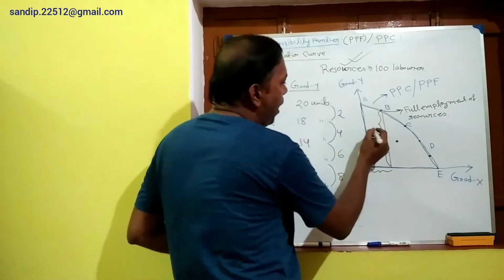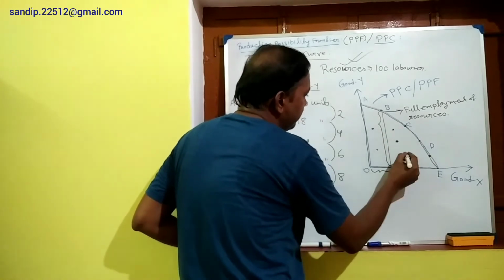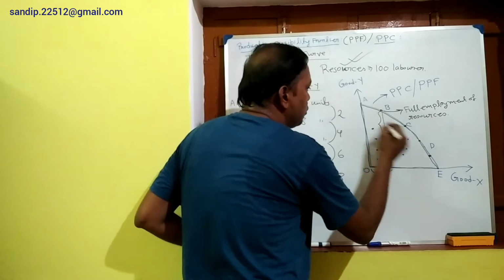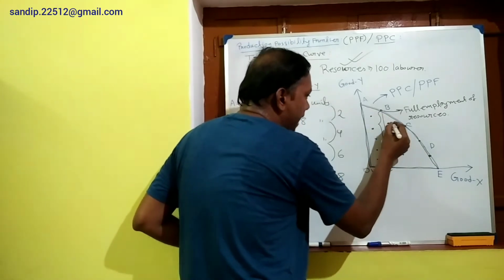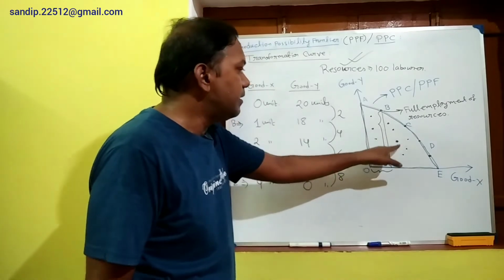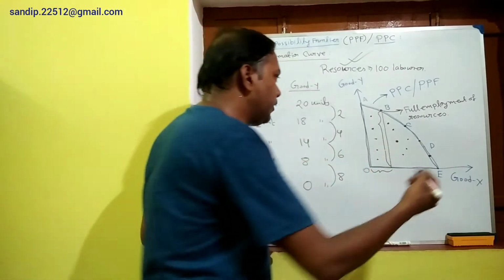So any point which is inside of the PPC, the producer can produce that. It is within the production capacity of the producer, but here all resources will not get utilized.